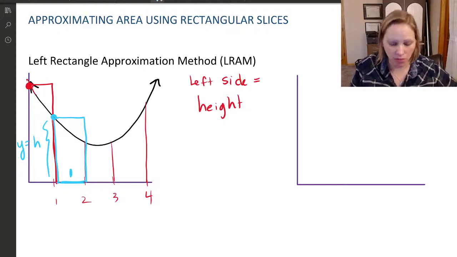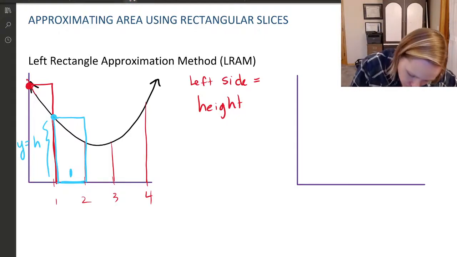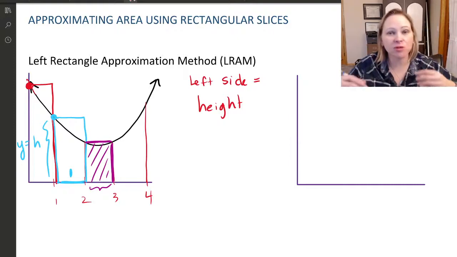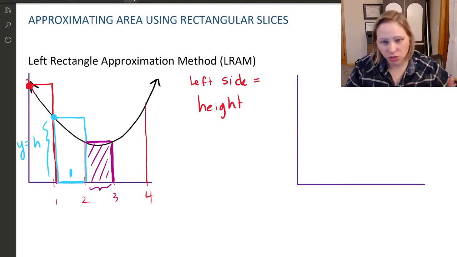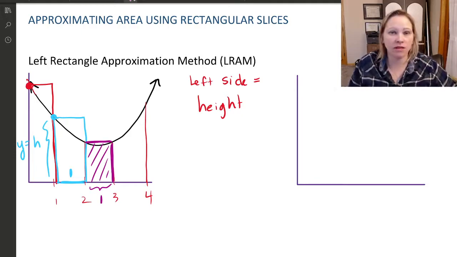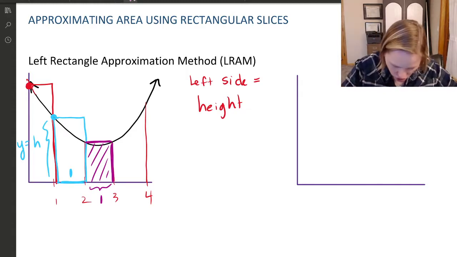I'd have to plug some numbers in and get y. So for this middle one, we'll draw it in purple. I'm going to shade it. Again, it's length times width, right? The width is what we usually refer to as along the x-axis, but here the widths are all 1. It's really nice when the widths are all the same because it's just 1.